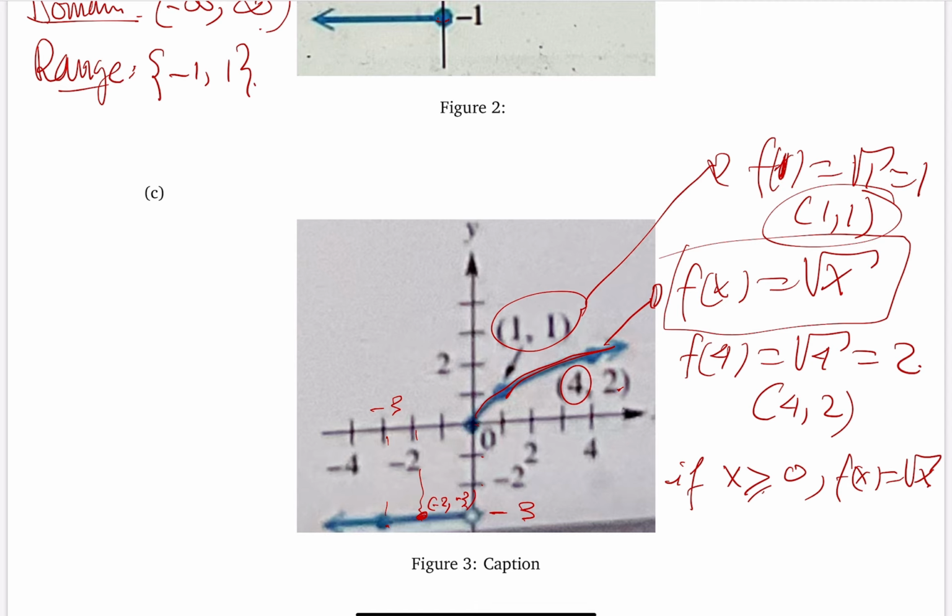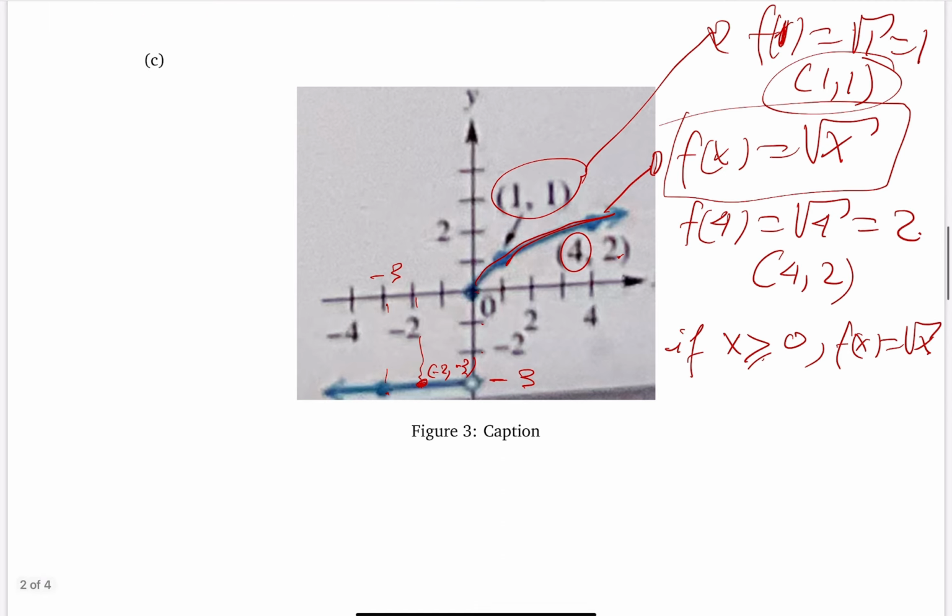So the next one is here. The next one is a straight line. Here, 0 is excluded, if x is strictly negative. So what do you get for the function? You will have y minus y0, because it's a straight line, it's just a constant.